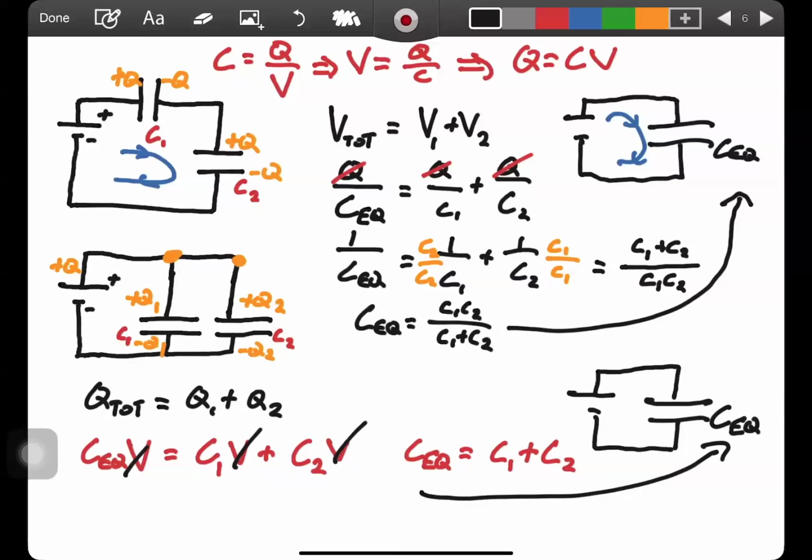Now, if resistors are in parallel or capacitors in series, you're instead going to use the equation where the equivalent capacitance is equal to the multiplication of the capacitances divided by the sum of the capacitances. So the capacitors in series have the same mathematical structure for their equivalents as resistors in parallel.